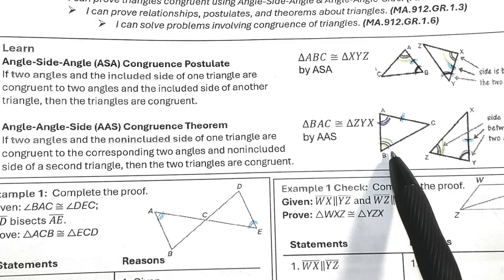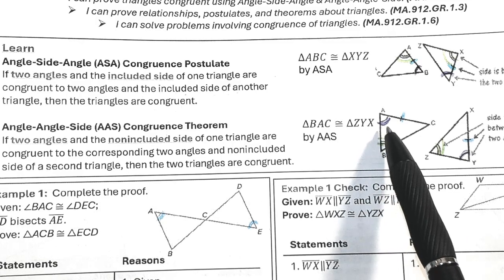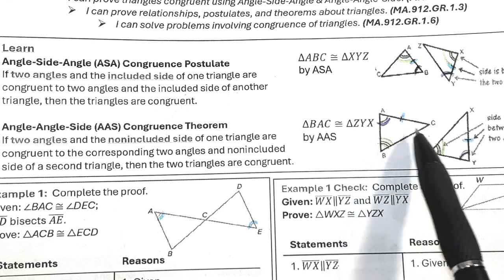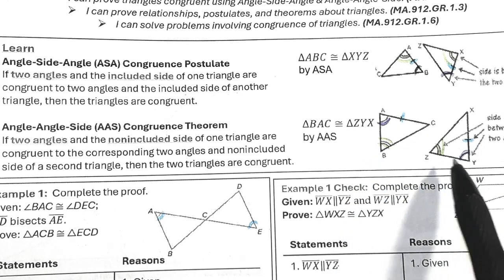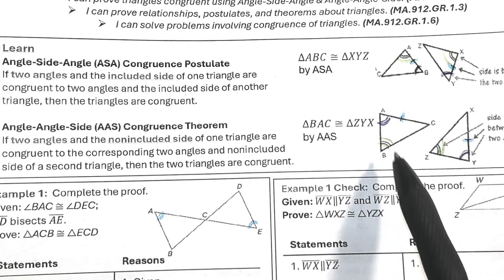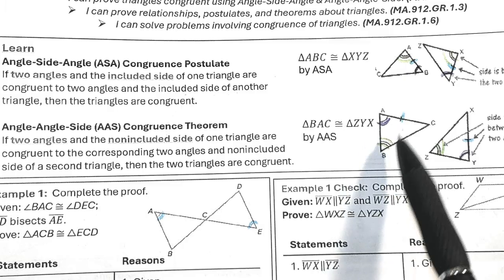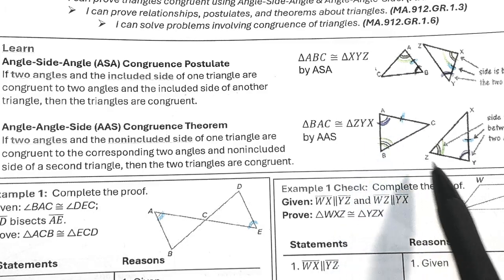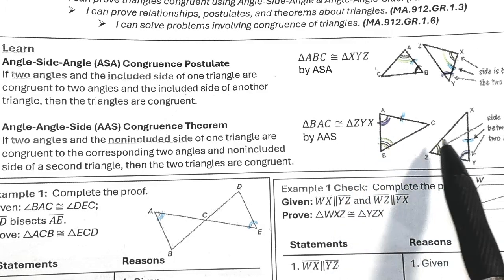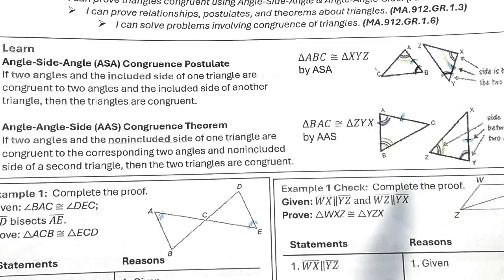It starts looking funny to me, so 2, 1, 0, 2, 1, 0. But not this. So angle, angle, side. It's not angle, side, angle. It's not between the two angles like it is up here.